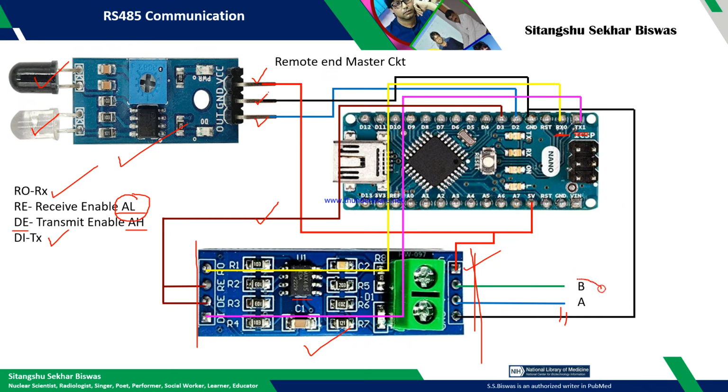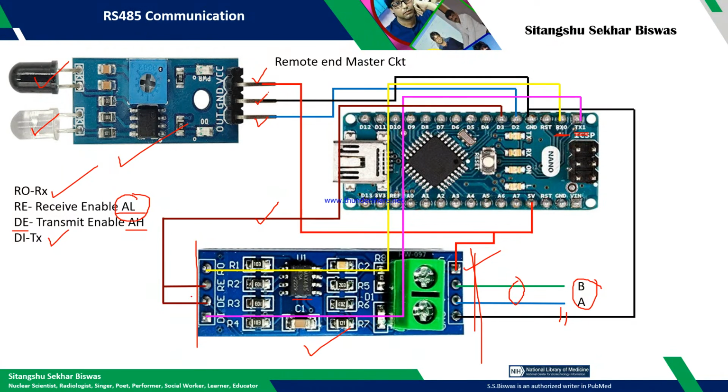And this A and B, these are the two lines. Once the data is converted digitally, the conversion is completed, then through these two lines the data will be transmitted, and the cable distance, as I told already, can go up to 1200 meters also.